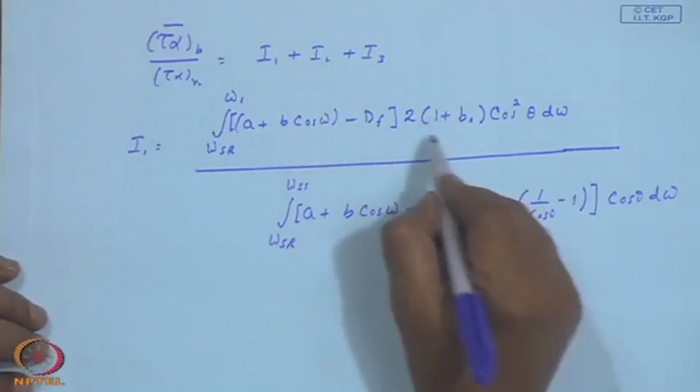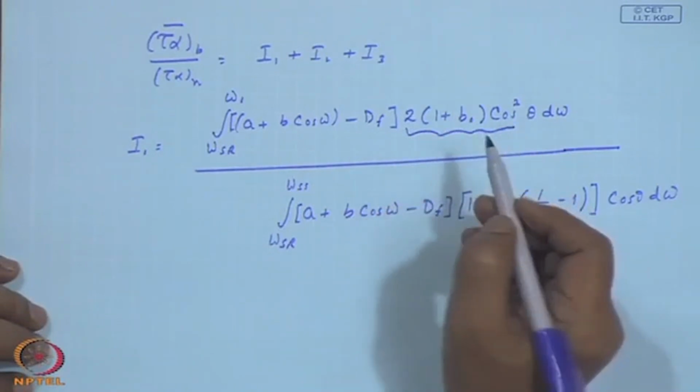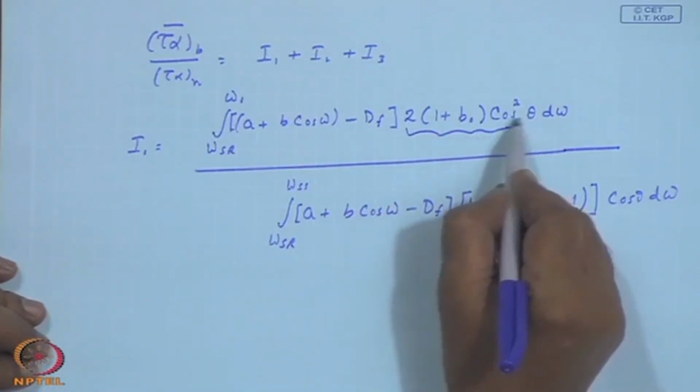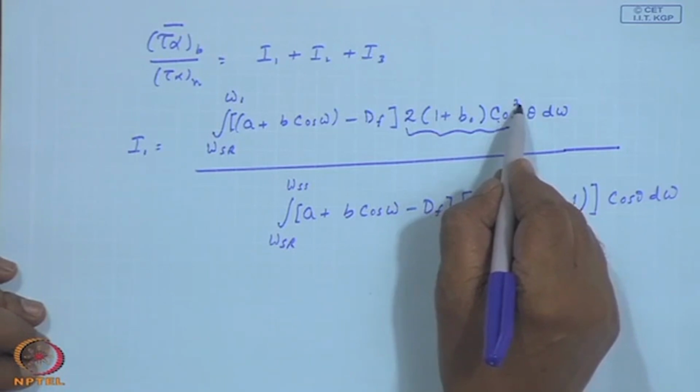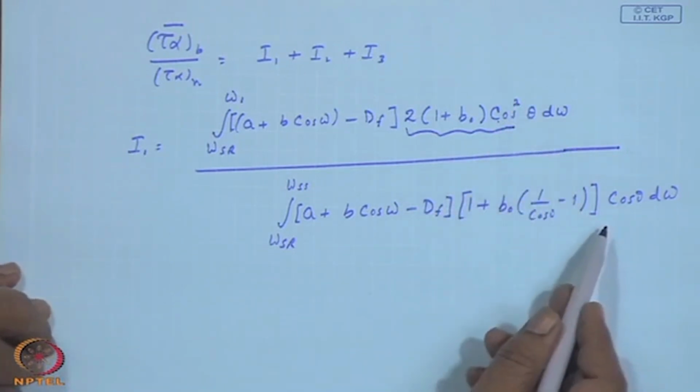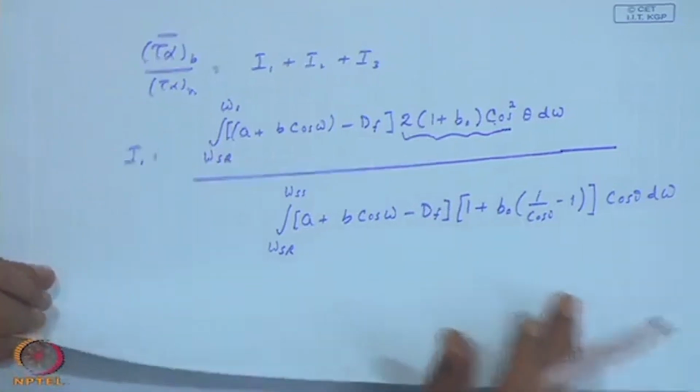That gets cancelled with the denominator similar term, and the cos theta z in R b has been expressed as cos phi cos delta into cos omega minus cos omega s, which again gets cancelled with the numerator of the term in R t. So, you have a pi by 24 gets cancelled, and you have a simpler expression like a plus b cos omega minus d f into the appropriate law for tau alpha b by tau alpha n. One of the cos thetas is in this cos squared theta, and you have got the simple tilted radiation in the denominator.